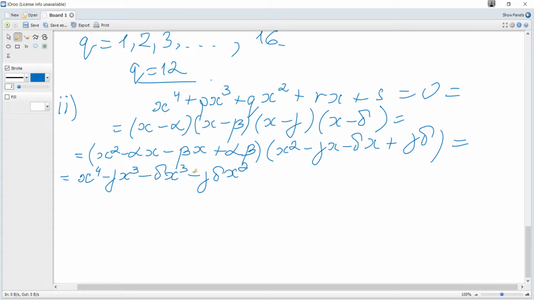Now negative alpha x is multiplied, so minus alpha x cubed plus alpha gamma x squared plus alpha delta x squared minus alpha gamma delta x.